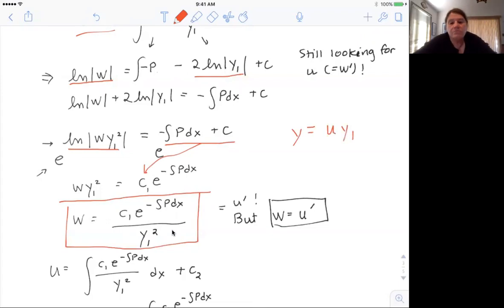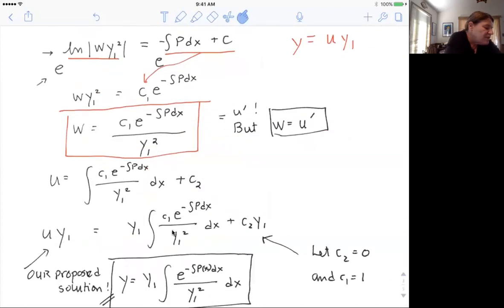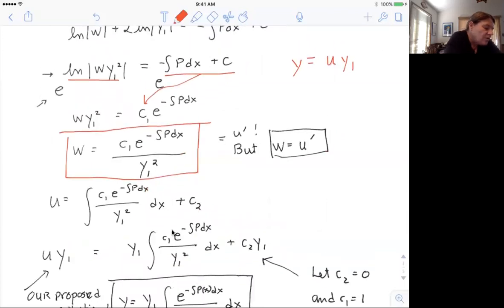So I need to find U. I need to find U. But that's easy enough because I let U prime be W. So since I let U prime be W, I can find U. So the integral of U prime will just be W. So that's what I did. I took the integral of this thing right here, and I get U as this: C1 e to the minus P dx over Y1 squared dx plus some C2.